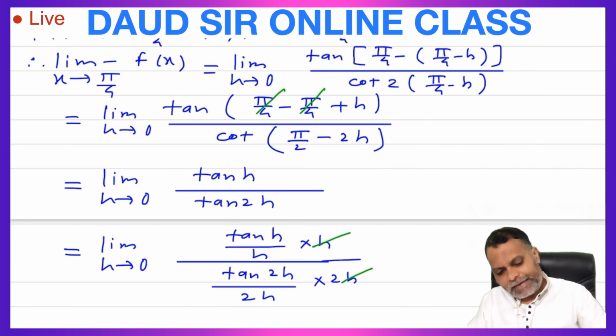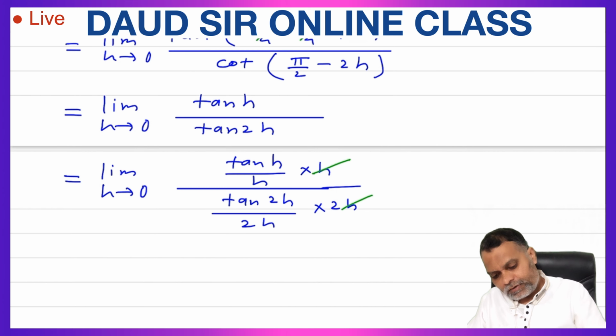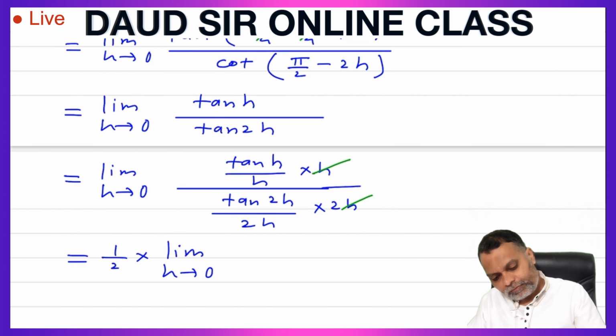This h cancelled and we can write this 1 upon 2 outside the limit, which is equal to 1 upon 2 into limit h tends to 0, tan h upon h upon tan 2h upon 2h.